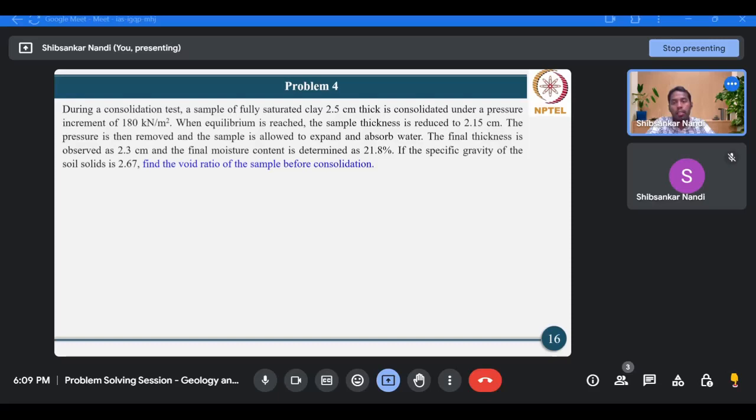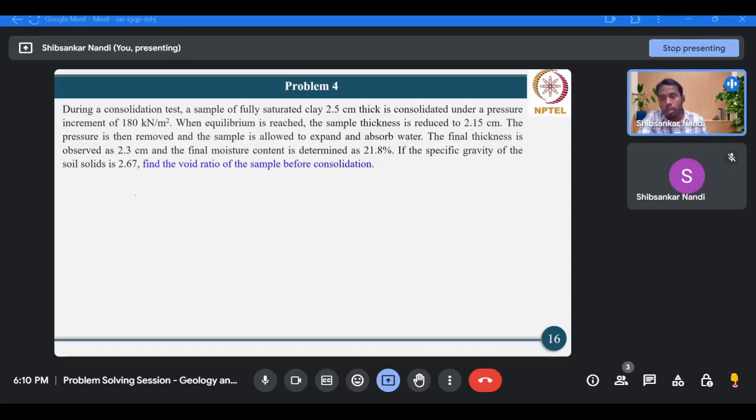Corresponding to these cases, we know the thickness, in some cases the reduced thickness, and for one case we know the void ratio, and that is only at the end of the unloading case. What we have to calculate is the void ratio before the consolidation. We'll see how we can calculate it.